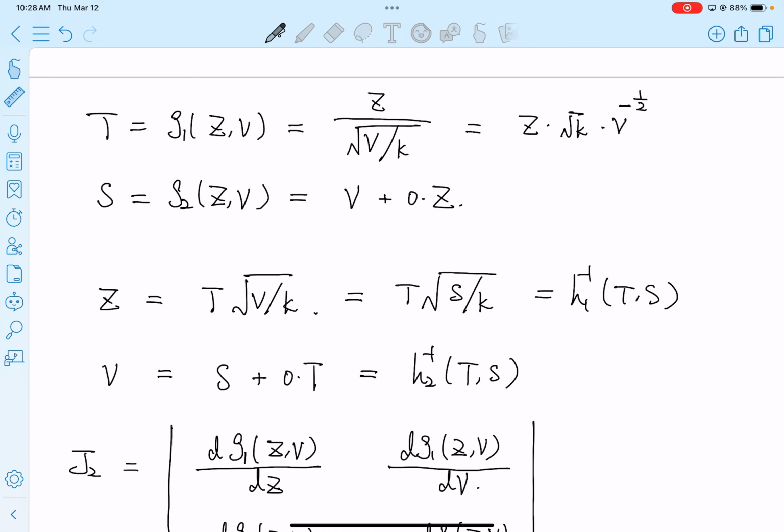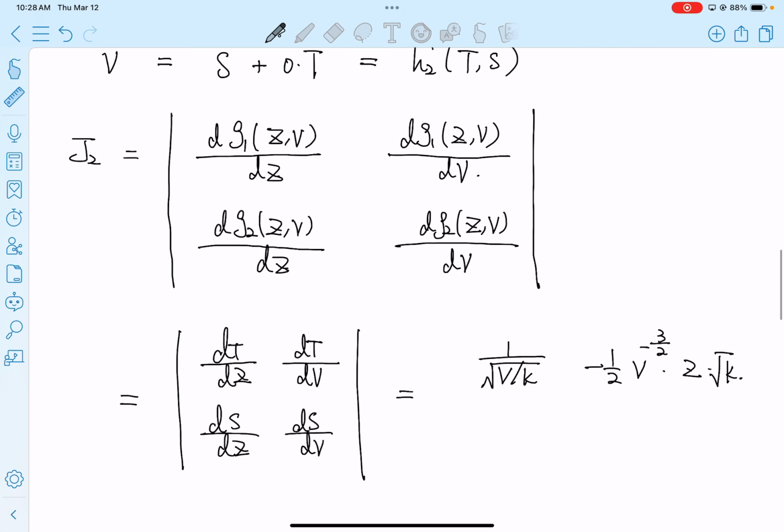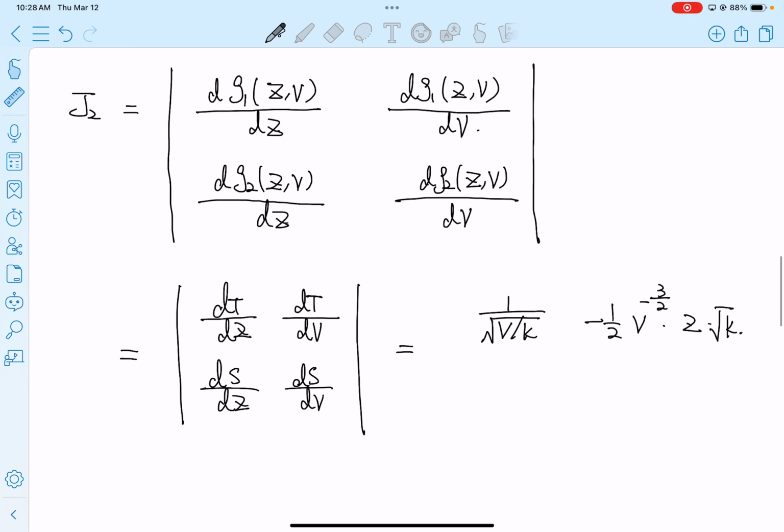You choose to use the J2, and you can copy down the formula for J2. The first two entries are the derivatives of the g1 with respect to z and v, and we just use the formula for g1, taking a derivative of that. For the first one with respect to z, just remove the numerator. For the other one, it's slightly difficult because it's a fraction of fractions. So usually you can write it as product terms, and from there, it will be easier to calculate the derivative. And you will have the following form. Any question up to this point?